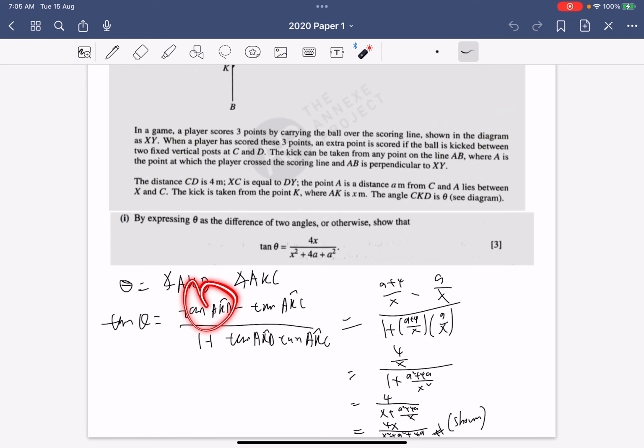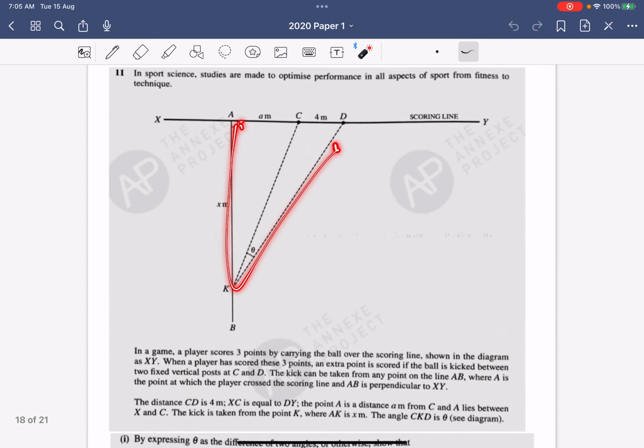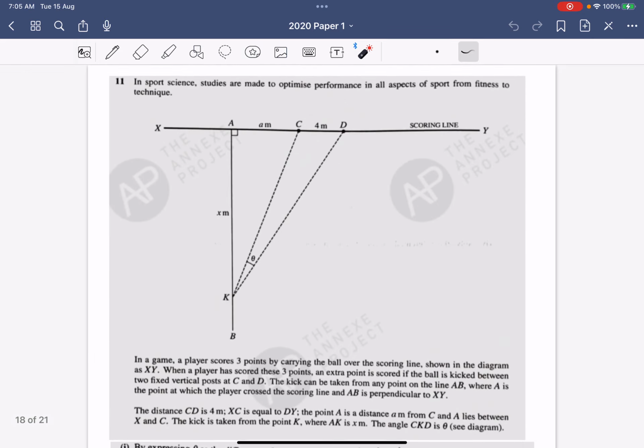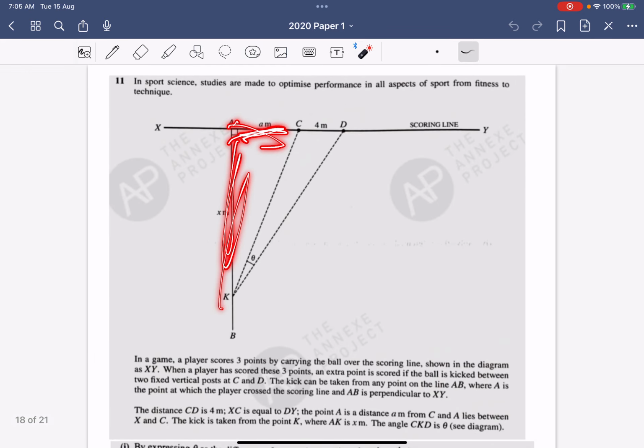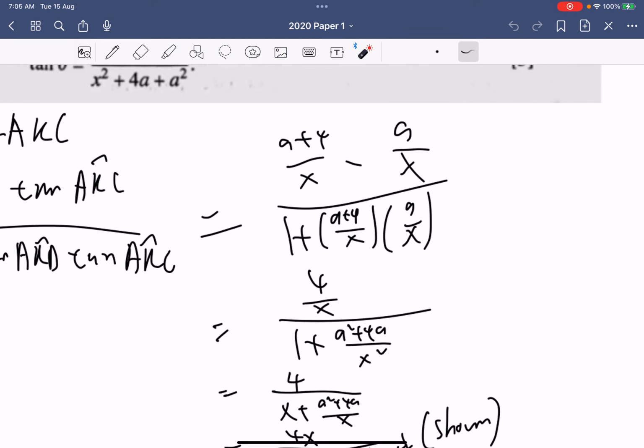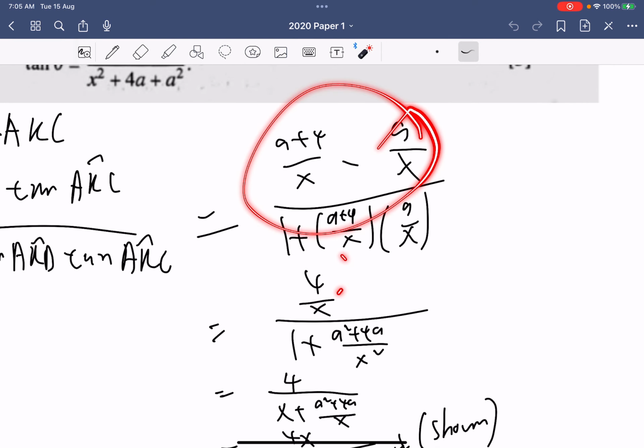So we know what tangent AKD is. AKD is just opposite over adjacent, which is (a plus 4) over x. So it's (a plus 4) over x minus a over x, which is AKC. You see, a over x. And then below is 1 plus (a plus 4) over x times a over x. So then we can combine this to become 4 over x.